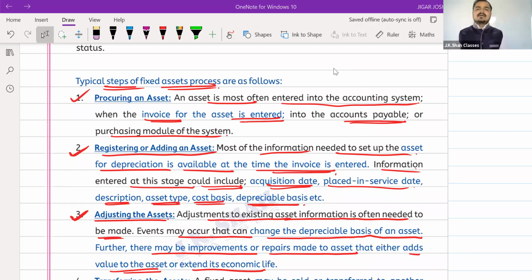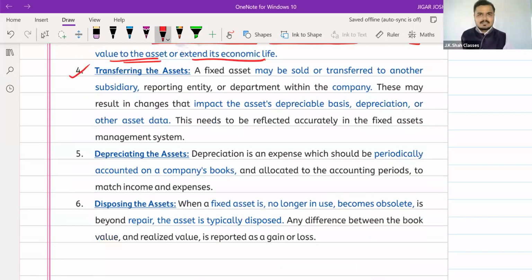Meaning of placed in service means started utilizing the assets. The purchasing date would be different, and the day when we start utilizing that machine may be a different date. Then maybe it's clear. Say yes or no. Yes, sir. Okay.